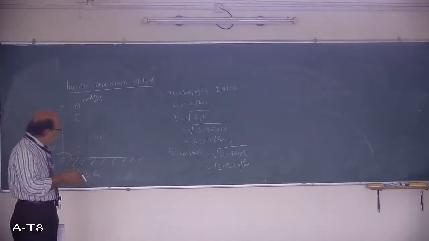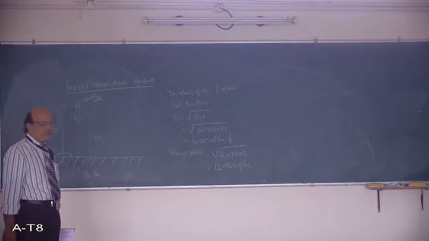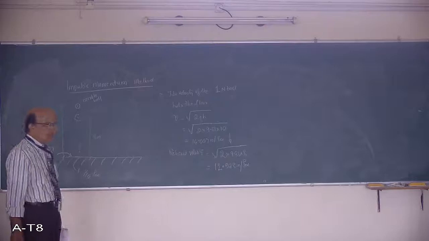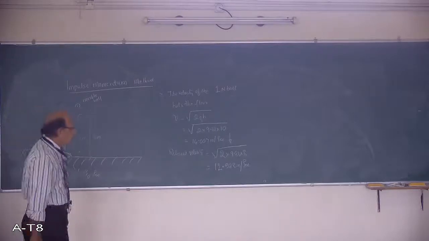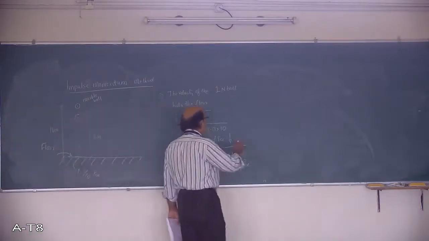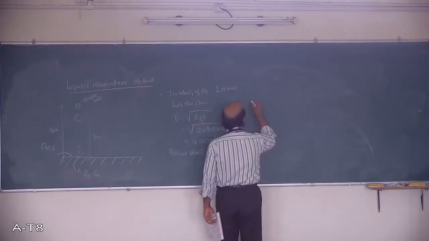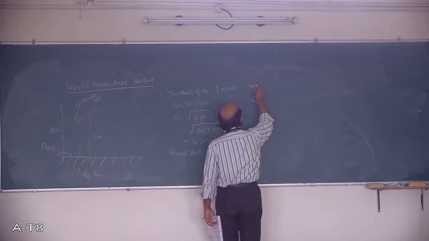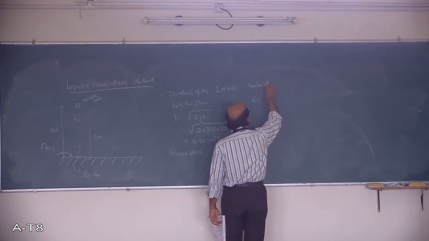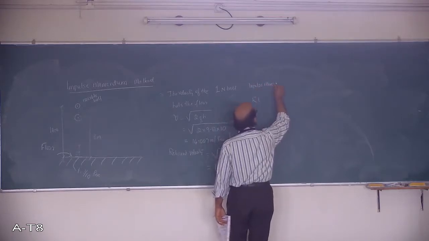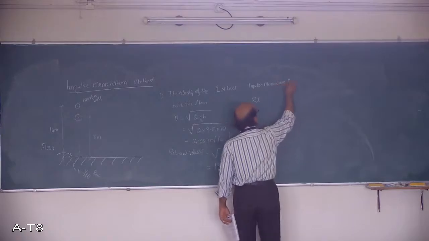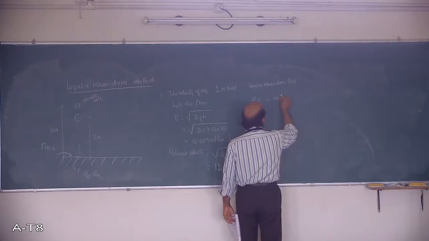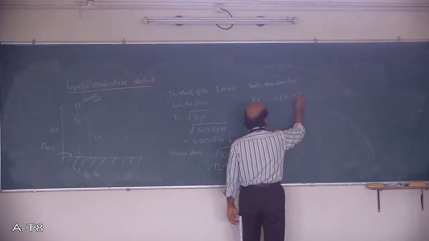Now I have both the velocities and also the contact time. Now simply I have to substitute all these parameters in the impulse momentum equation. The impulse momentum equation is R into P is equal to m into (v minus u).